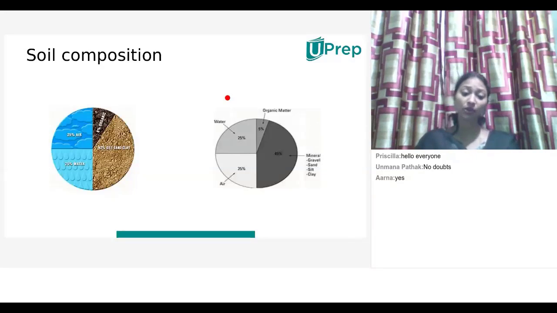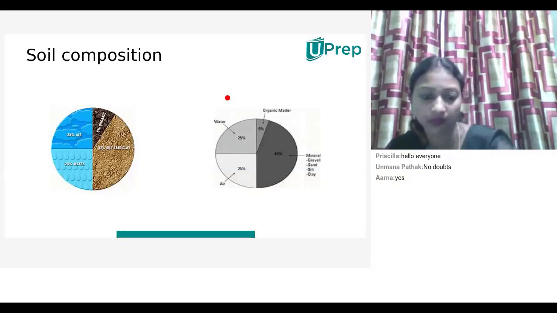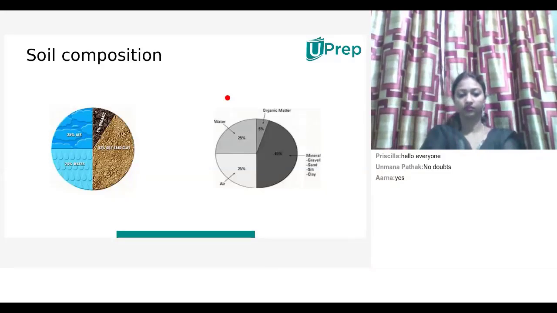What are the staple crops, children? Rice, wheat. Yes, all these are staple crops. So clay soil and loamy soil are very effective for agriculture, for the staple crops.